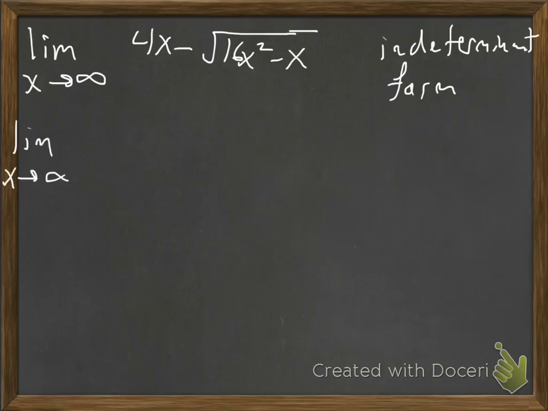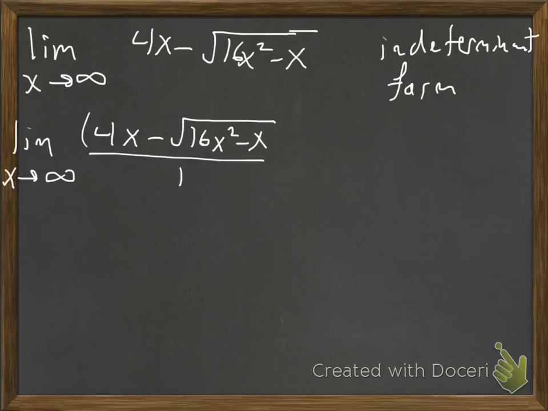So one of the things to do with radicals oftentimes is to rationalize the numerator. That's a common trick. So we'll write this over 1, and then we'll rationalize it. So we'll multiply it by the conjugate which in effect changes it into a difference of squares.